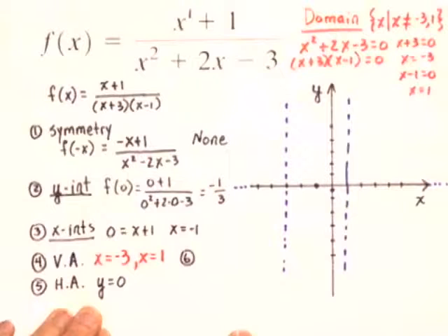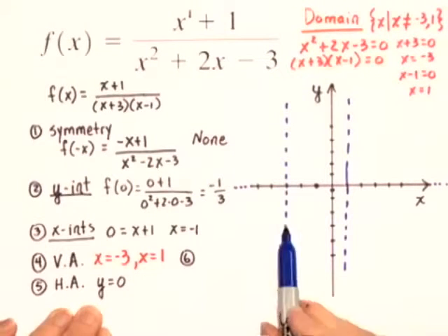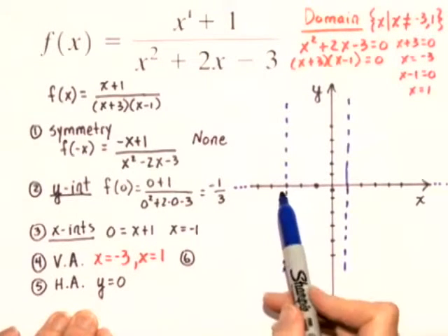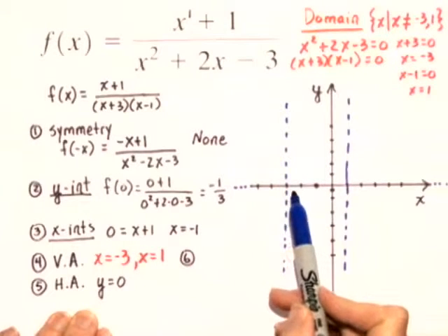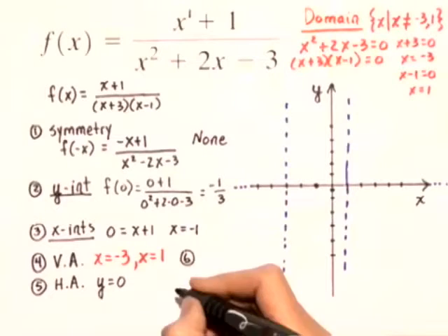Now we're ready to choose some points. We want to choose points in between or to the left or right of our vertical asymptotes and our x-intercepts. So let's choose a value to the left of x equals negative 3. Let's say we'll let x equal negative 4.